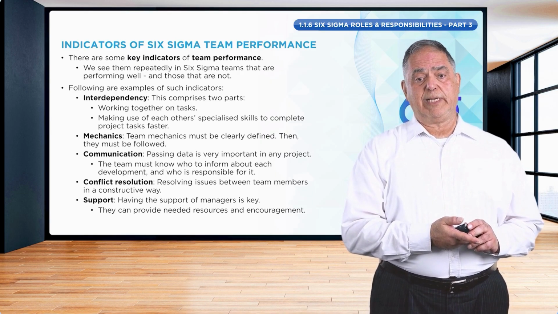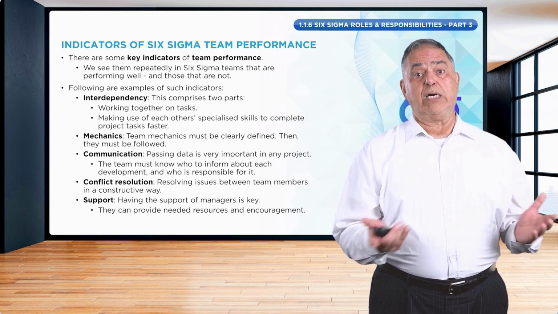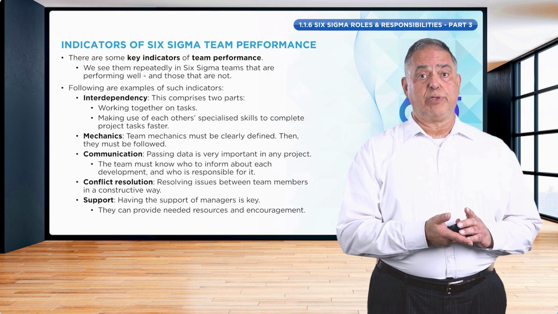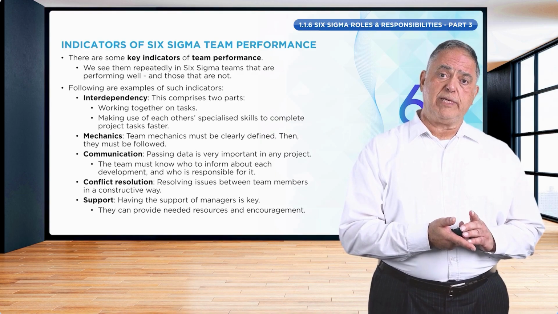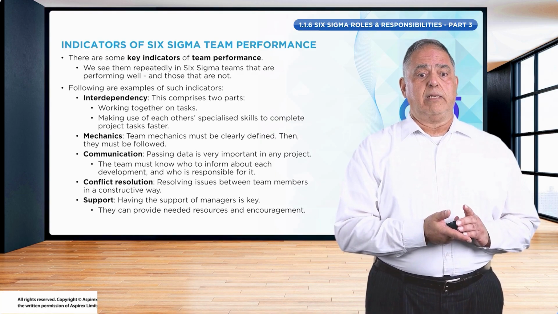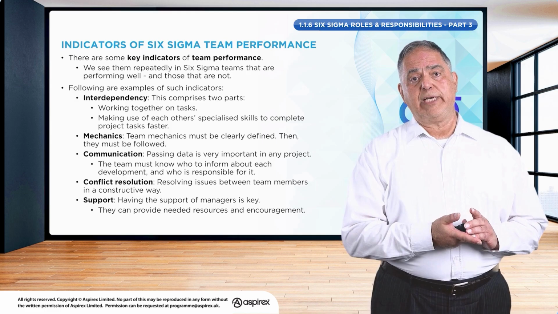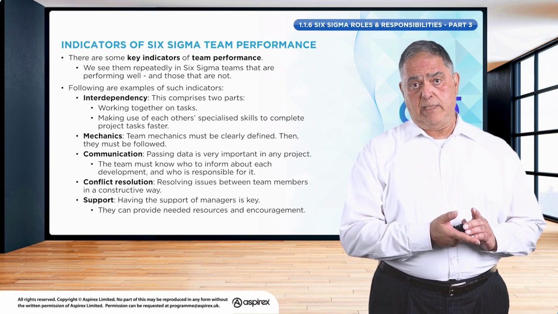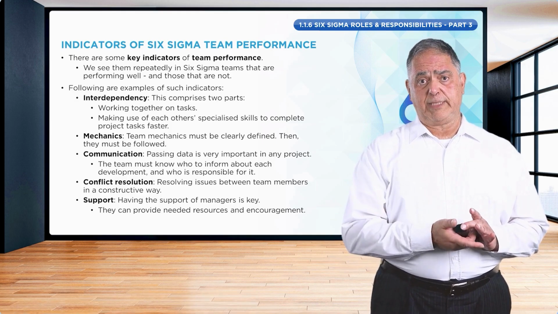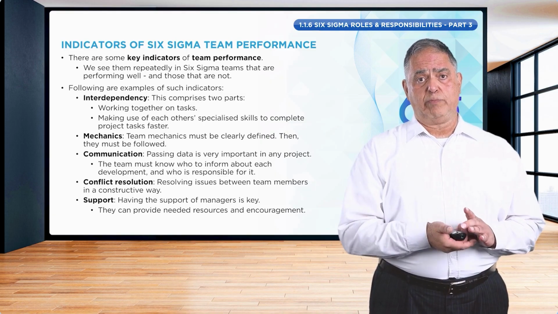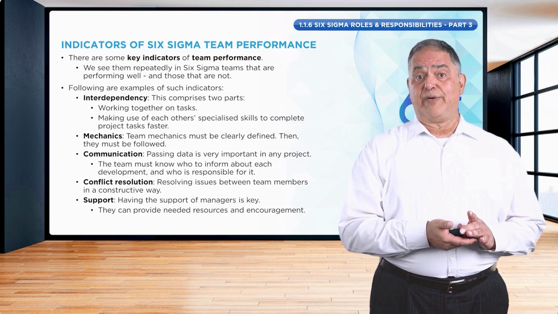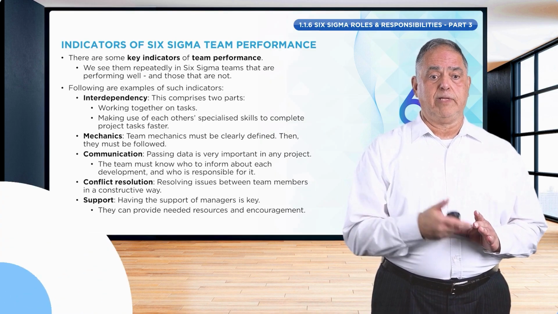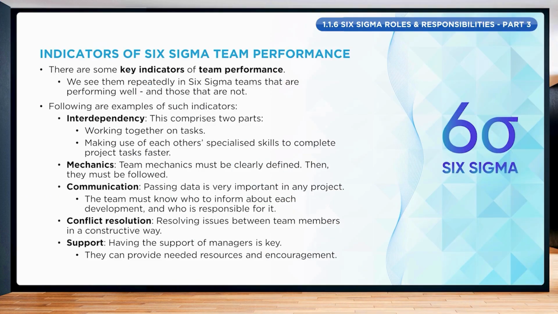So this is typically associated with how well people work together in order to accomplish a task, and also how we can piggyback on each other's specialized skills in order to complete a task or activity faster and better.